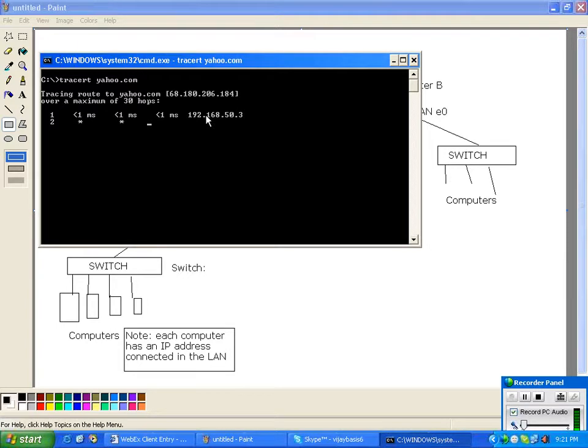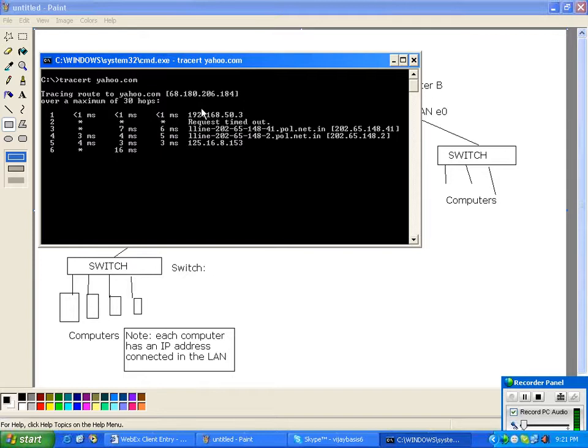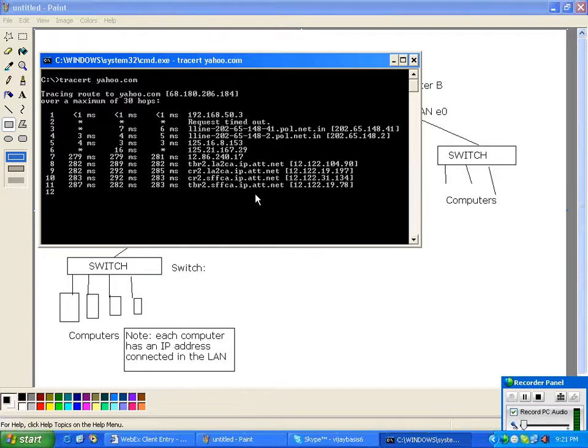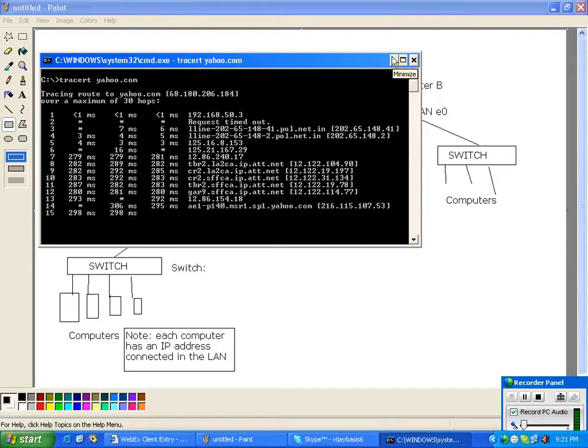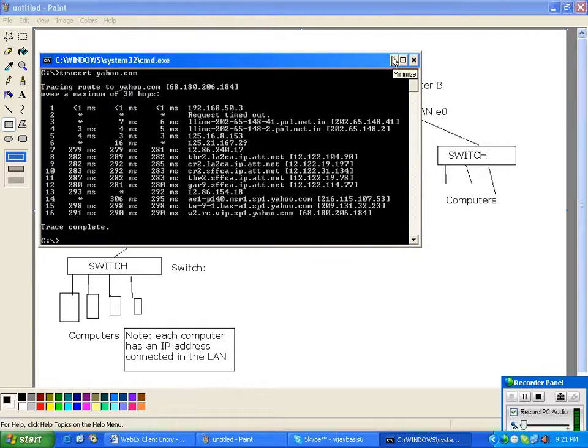You can see here, this is my route to reach the yahoo.com domain. This is the root path from my computer to yahoo.com. Yeah, tracert.